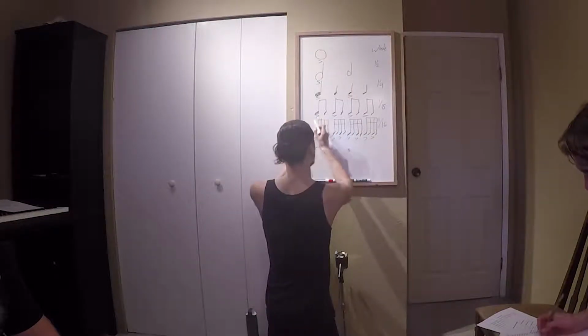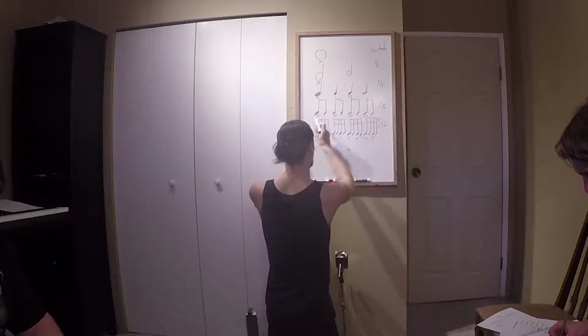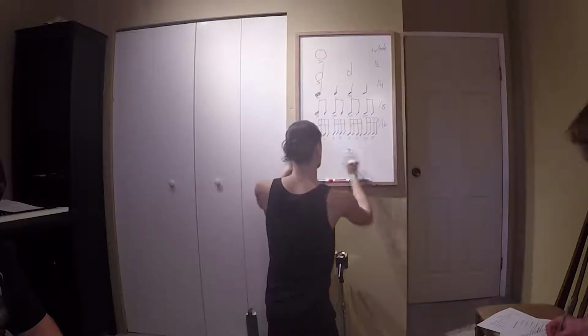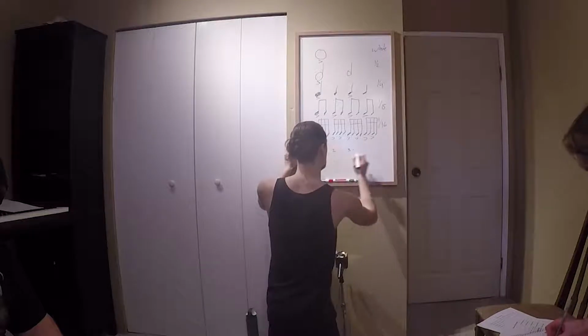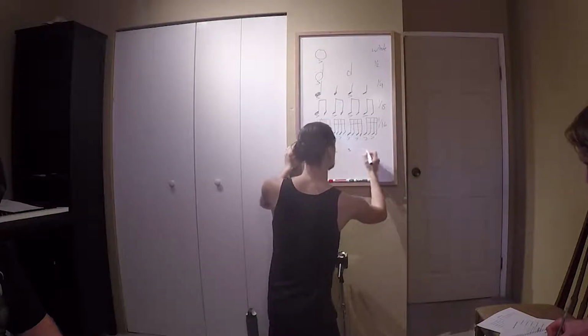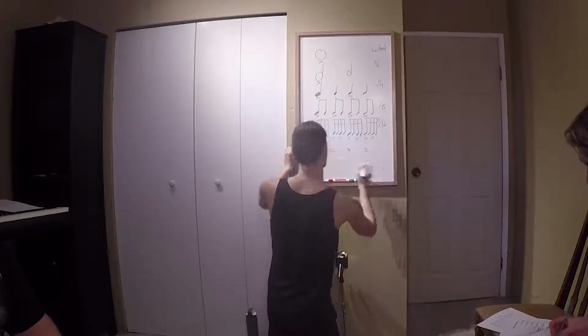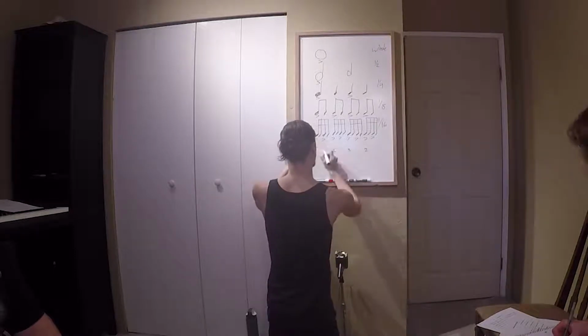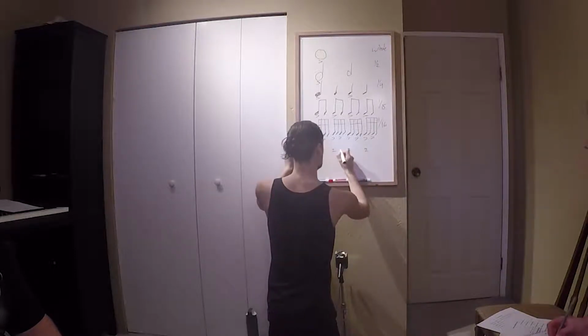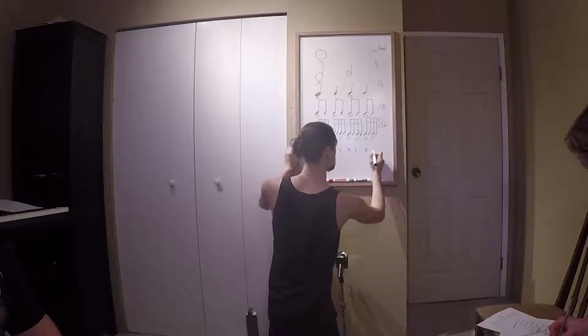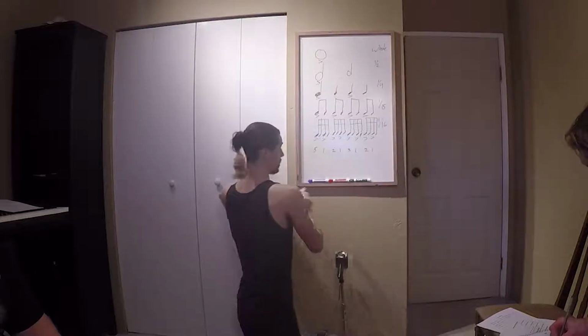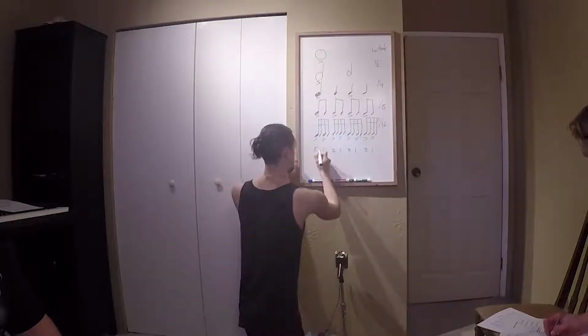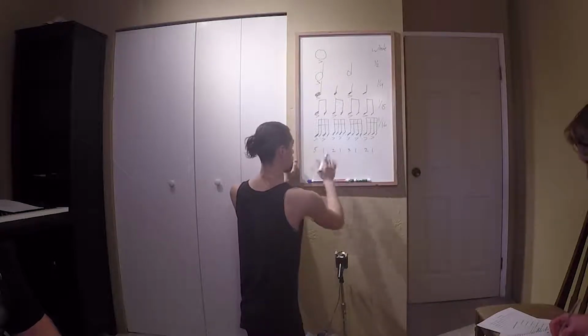Next we're going to have our eighth notes. We got 1, 2, 3, 4. So these are each worth 2. And then we got 1 for these ones. And then these ones in the middle, I would just give them a 0 or something. They're just in passing.